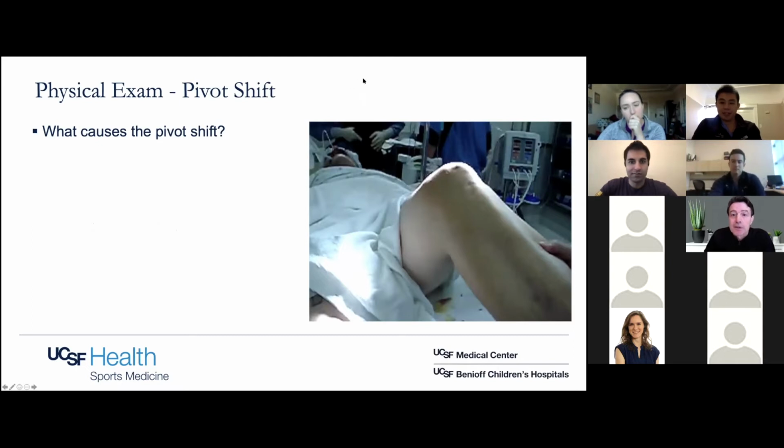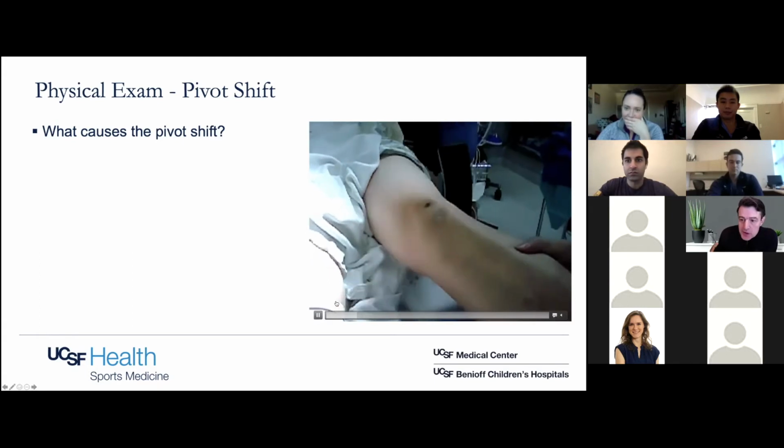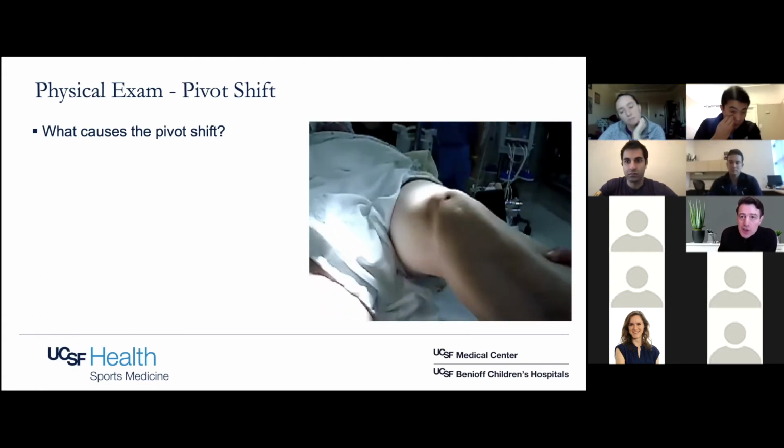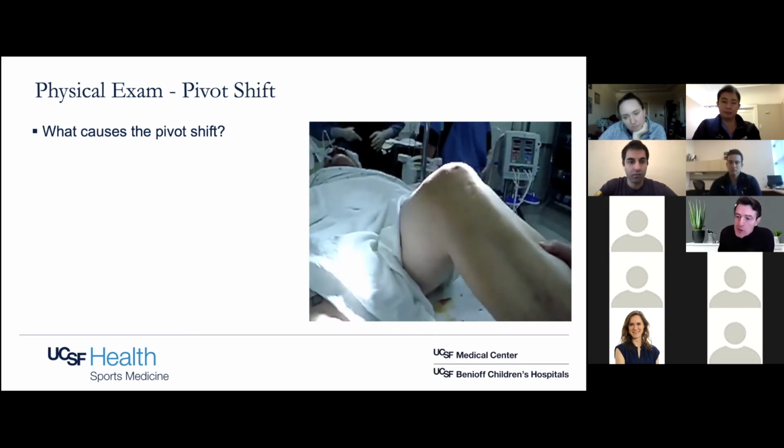The pivot shift is that when you're in flexion, you'll see that the tibia is anteriorly translated, and as you put it out to extension, it becomes reduced, so that it either causes a glide or a clunk. This is probably one of the worst ones I've ever seen. Yeah. That's a clunk, right? But what's actually causing that tibia to reduce? What's pulling it back like that to make it clunk?